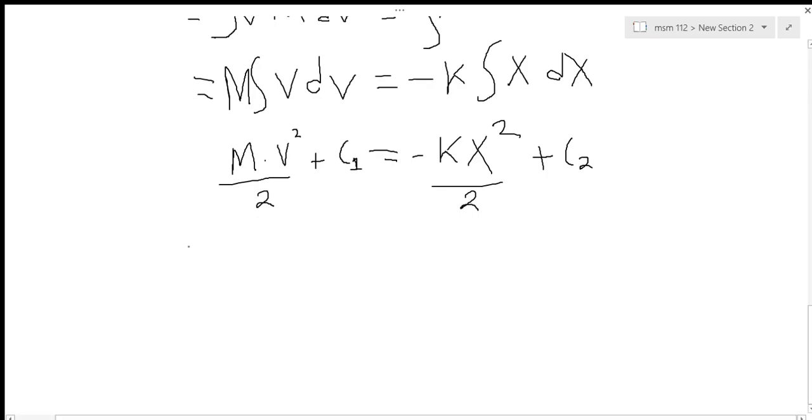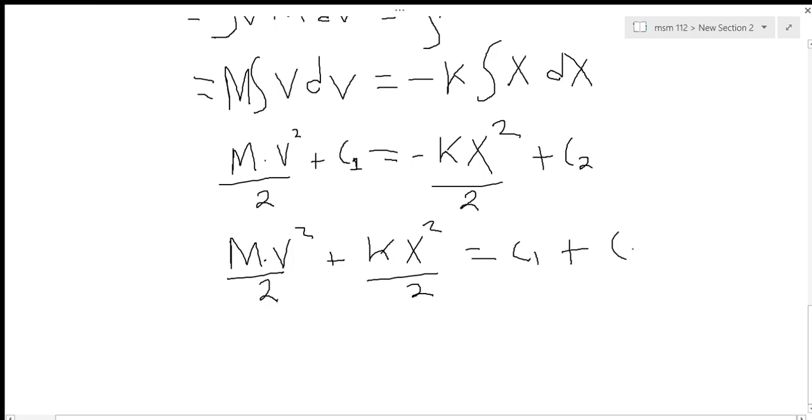Then if I bring this one on this side, this will be mv squared over 2 plus kx squared over 2 is equal to C1 plus C2.